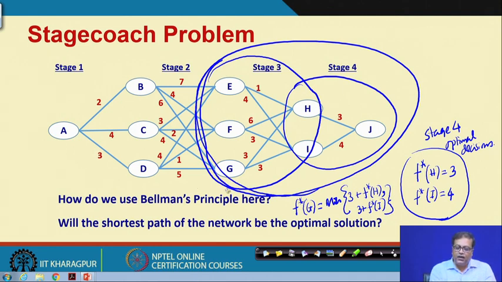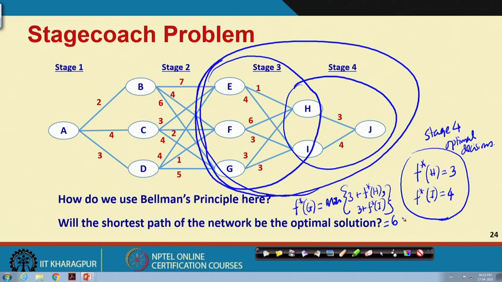So the optimal path from G to J can be obtained by making use of the f star H and f star I values. Is it all right? And since f star H is 3, this value comes out to be 6.